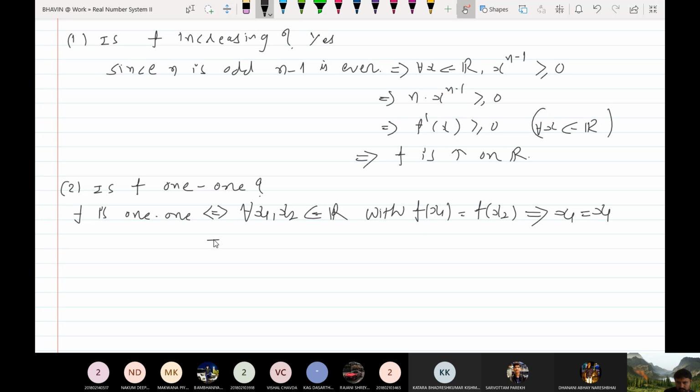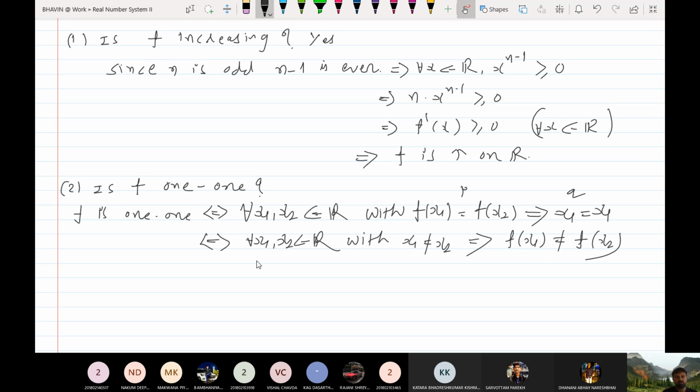This is the first way. Or second way is this: for all x1, x2 from R, suppose x1 not equal to x2. If P implies Q is true, then not Q implies not P is true. This is P and this is Q, and this is true if and only if not Q. So what is the negation of Q? x1 not equal to x2. If I take two different points from the domain, I must show that their images are also different. Do you understand?